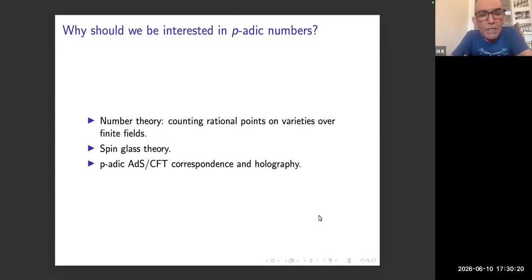First of all, analysis on Qp was already used by Bernard Dwork in 1960 when he proved the first of the Weil conjectures. This was really a shocking result. I will explain a bit of that very soon, but this was quite a fascinating application of analysis over p-adic numbers.